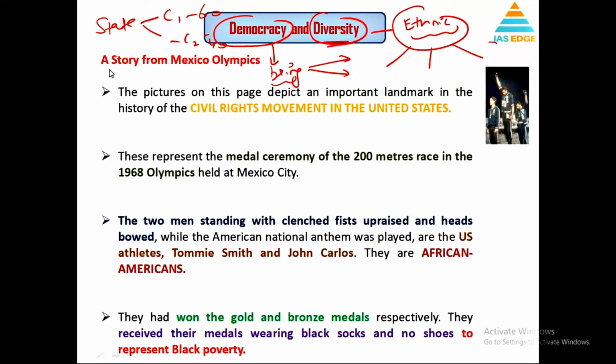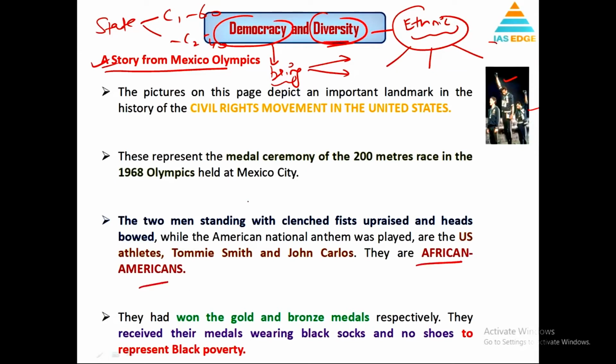Now this NCERT starts with a small story of the Mexico Olympics. The two winners, the first and the second runner-up, both belonged to America, and they were from the black community, or African Americans to be precise.